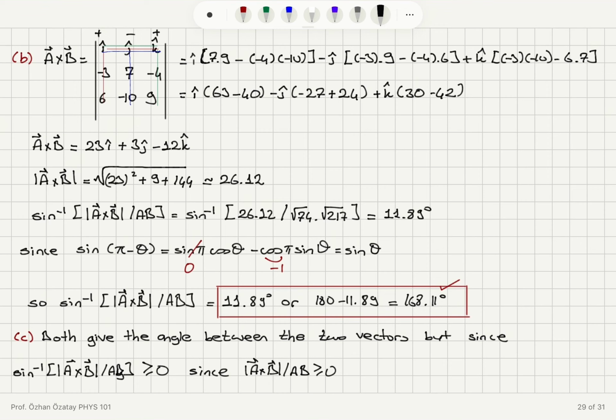So sine theta, if this is angle theta here, is going to come out to be positive.